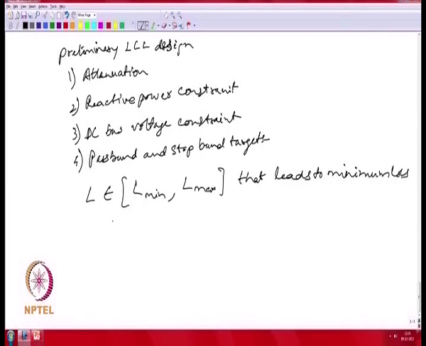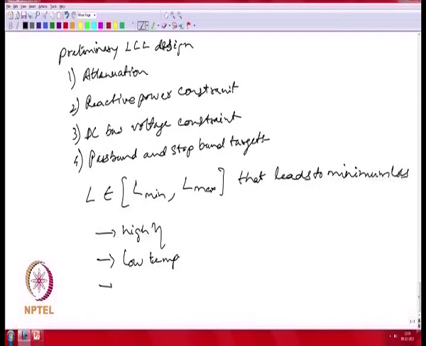That could be a preferred filter design. There are multiple perspectives. One is you have high efficiency because you are selecting a filter which leads to lower losses. You have low temperature rise, low temperature of the filter components, which improves the reliability.